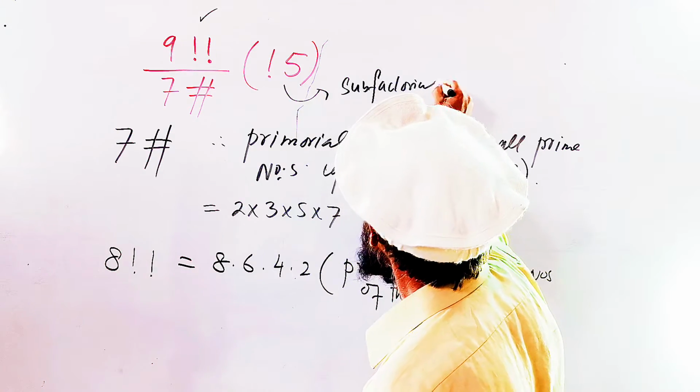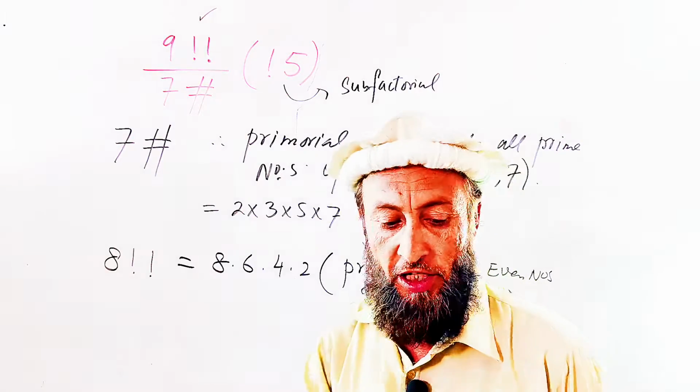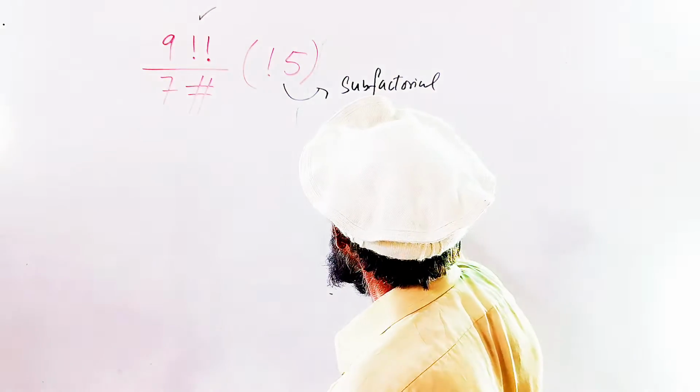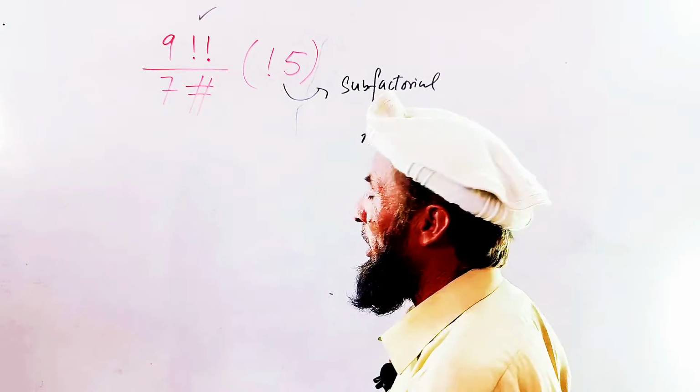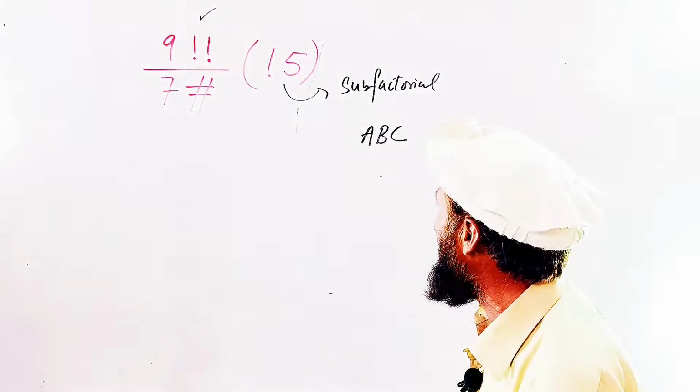For the subfactorial, for example, we take the letters A, B, C, and ask in how many ways the arrangement is possible.